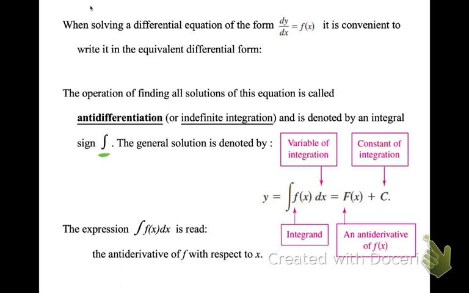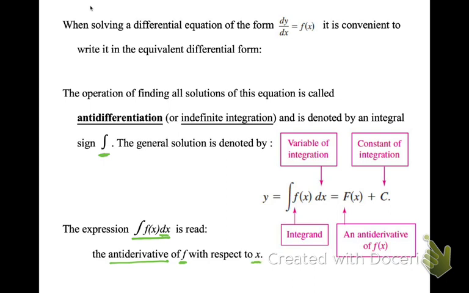It all means the same thing. And we read it as the antiderivative of f with respect to x. So I have this right here. So the integral means antiderivative of what? f with respect to x.